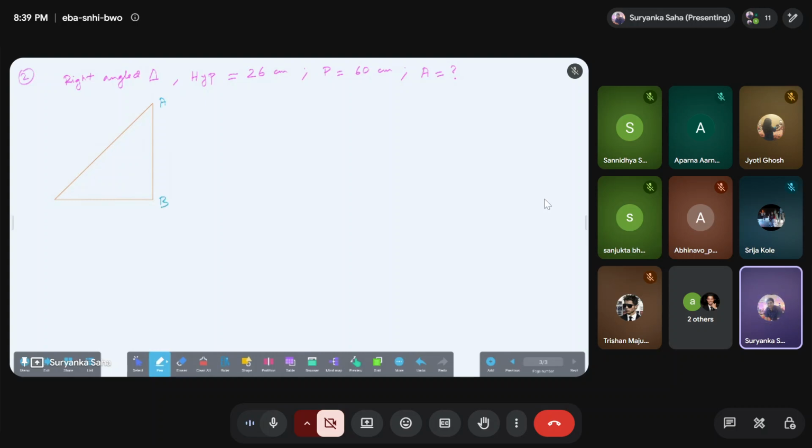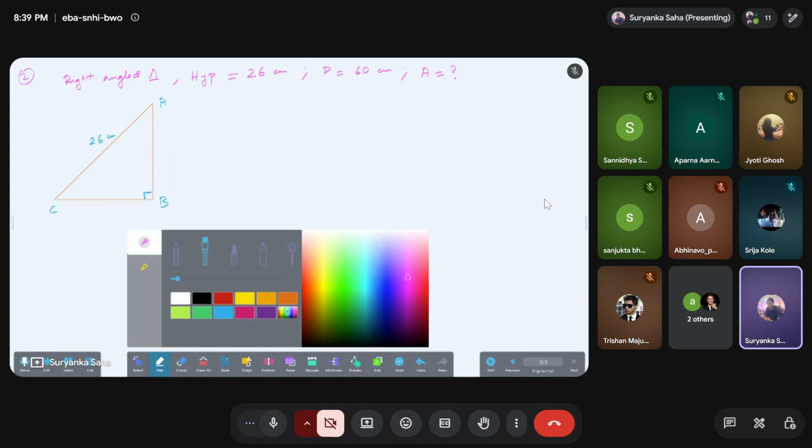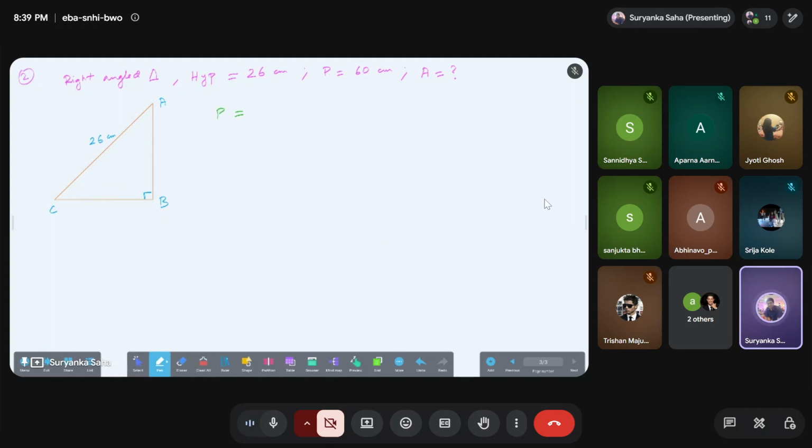A, B, C. Hypotenuse is 26, this is 26. Now what to do? Perimeter is 60, so you can write like this: AB plus BC plus CA equal to 60.